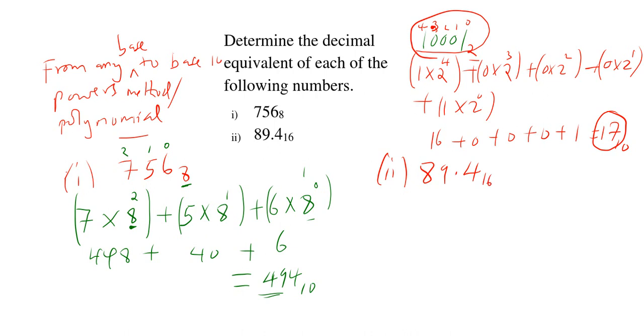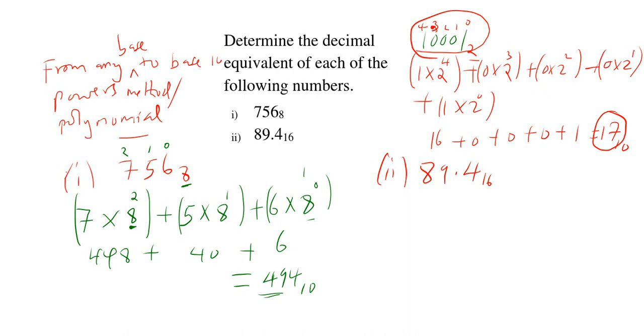Very important, another point you have to note, as you can see here, we have a whole number and we have a decimal point number. What you should know is that wherever you find a decimal point number, be it in octal, base 8 or base 2, you apply the same methodology. But in this case now, for the whole number, you start counting immediately before the decimal point from right to left.